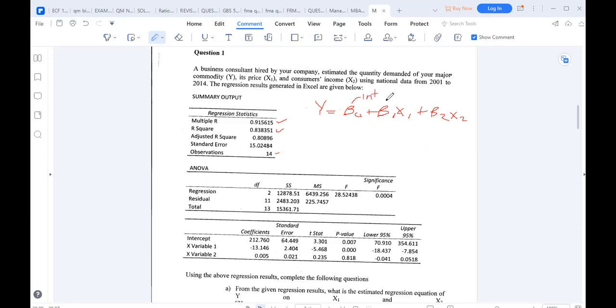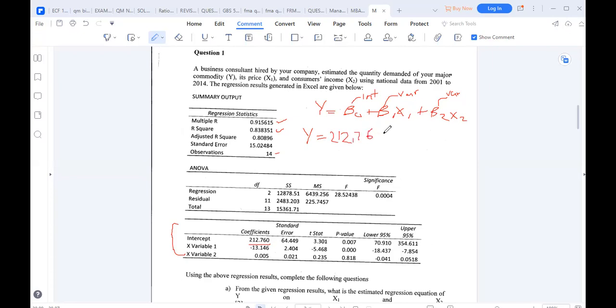This is variable 1, and this is another variable 2. So if we look at our output, we can come up with a regression equation using these results. So y is equal to, what is our intercept? Which is given by 212.76.